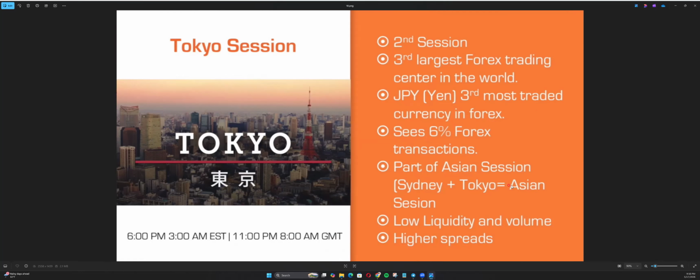So if you're talking about sessions, we have just three: the Asian, the London, and the New York. During the Asian session, you're trading NZD, AUD, and yen.